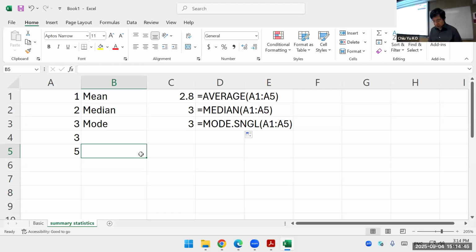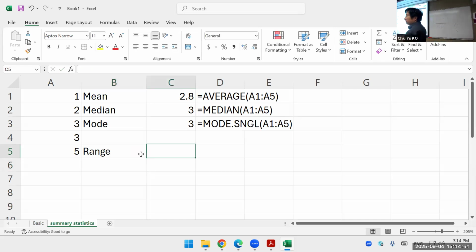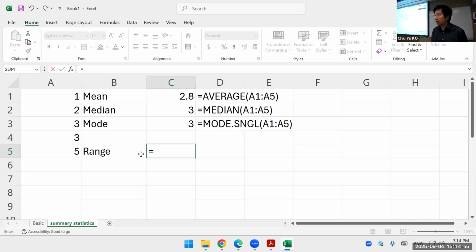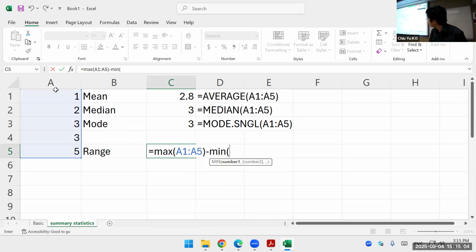I know the time is strict, so I just tell you the last one, range. The rest I'll talk about next time. Range is maximum minus minimum. So I can do exactly the same: max of my data minus min of my data.